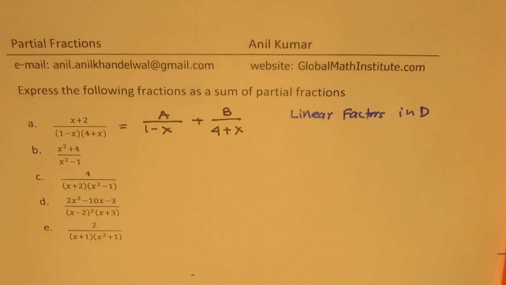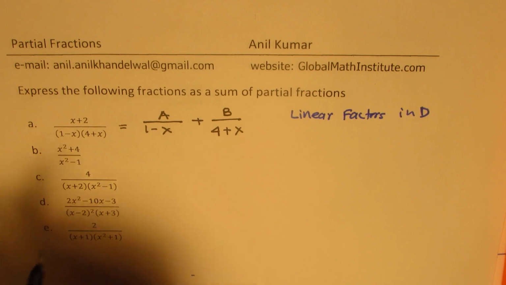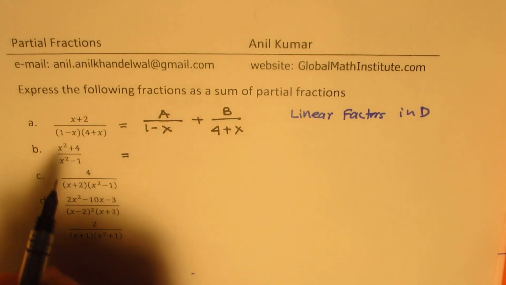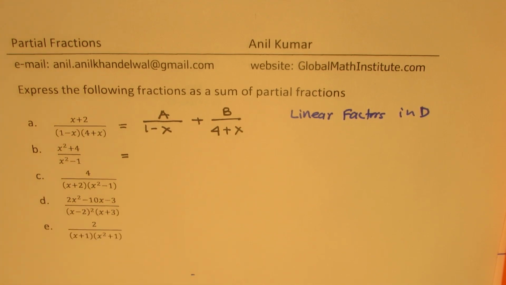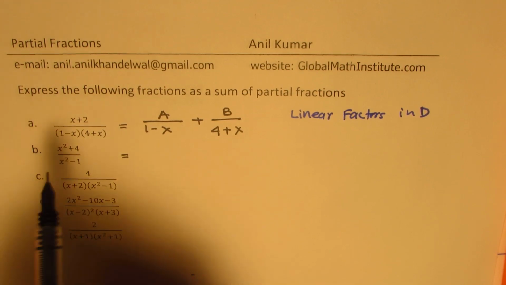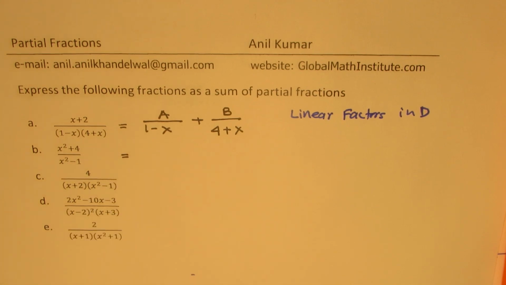Now in the second example, we have x squared plus 4 divided by x squared minus 1. At times, you may have to factor the denominator, right? So if you factor the denominator, you get 2 factors here. You could also divide the numerator by the denominator and then do the needful.